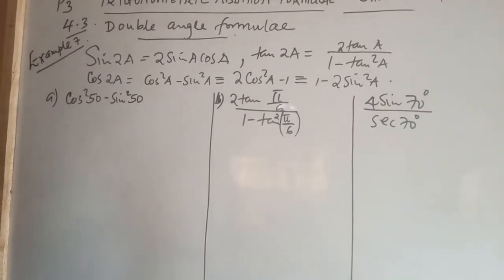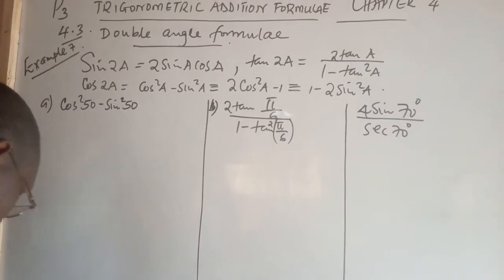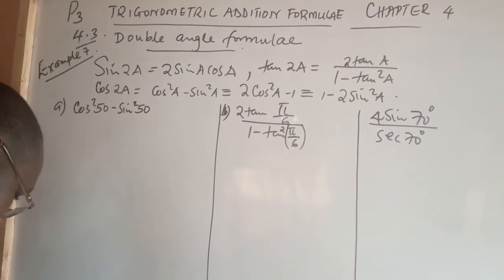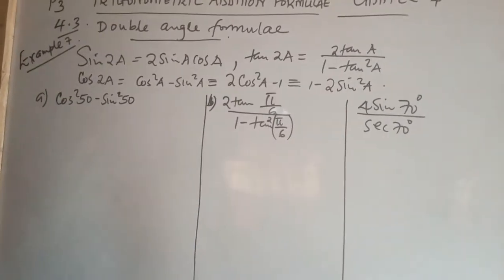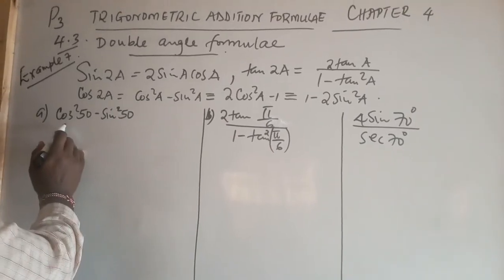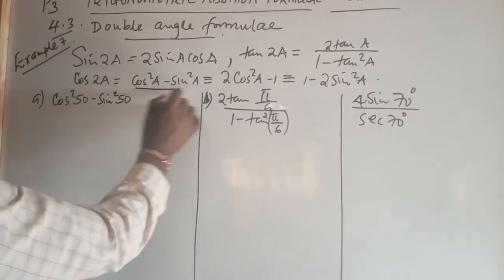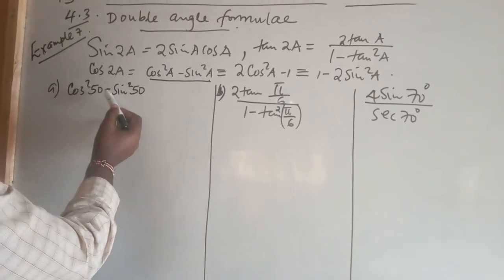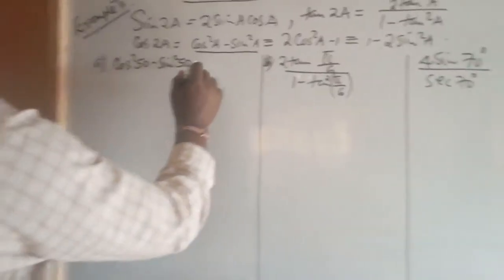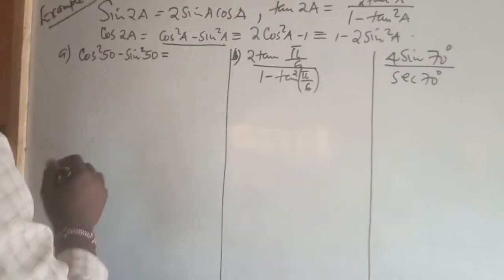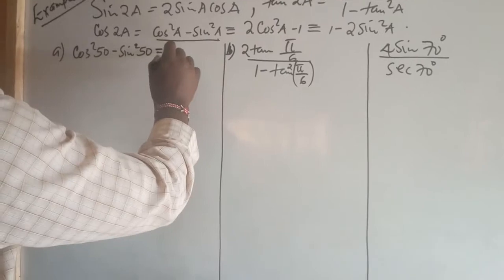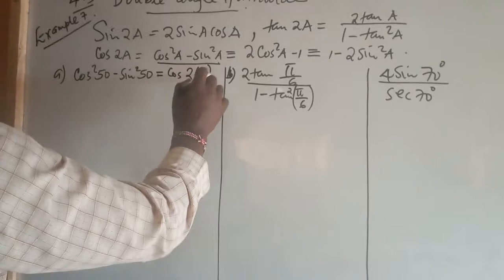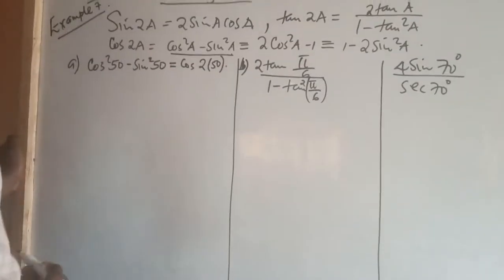We are expected to use the double angle formulae to write each of the following as a single trigonometric ratio. If you look at part A, obviously it is in this format. We are talking about cosine squared of 50 minus sine squared of 50, which should actually be the cosine of 2 multiplied by 50, because our A is 50.